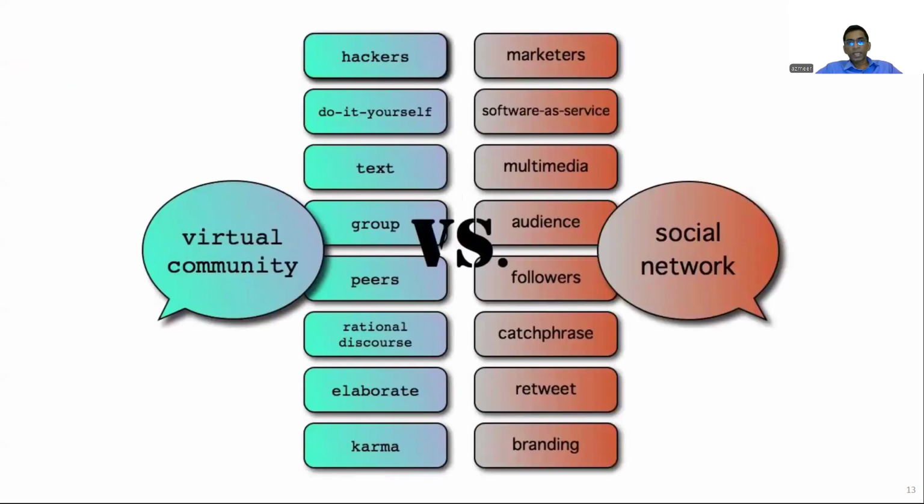So here is a comparison of virtual community versus social community, or social network, we call it, right? The virtual communities are where people come together with a common interest. Hackers, for example, people who like hacking, they have a virtual community.